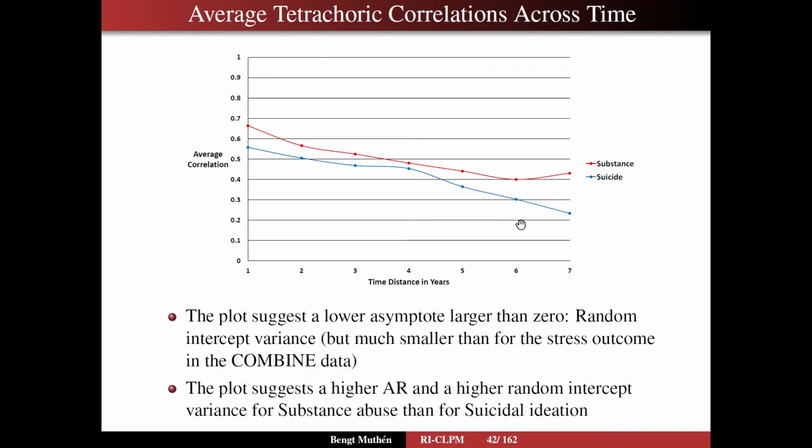Also, that would indicate a higher random intercept variance for substance abuse than suicidal ideation, and also a higher autocorrelation for substance abuse, starting here with lag 1 at 0.67 or 8. All of these differences may be within sampling variation.